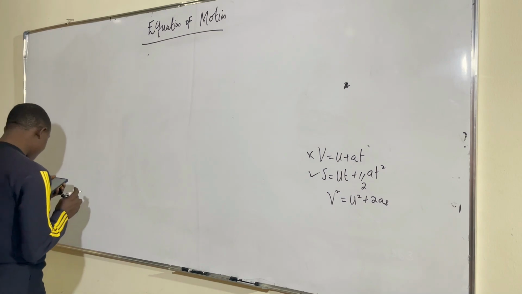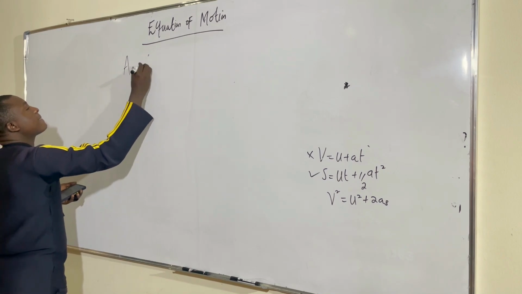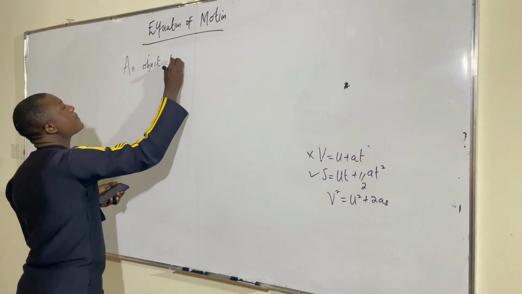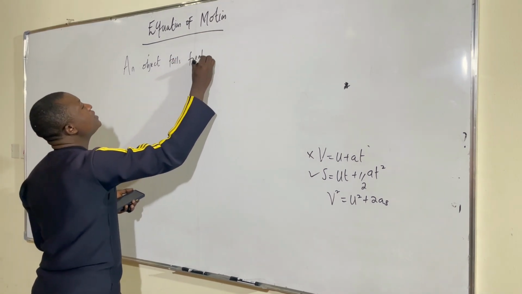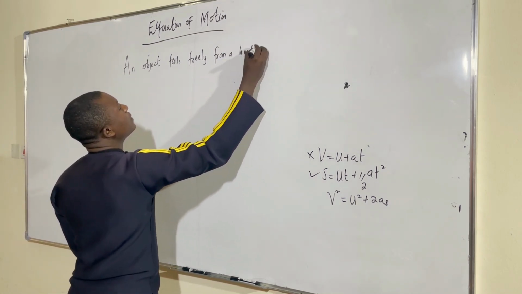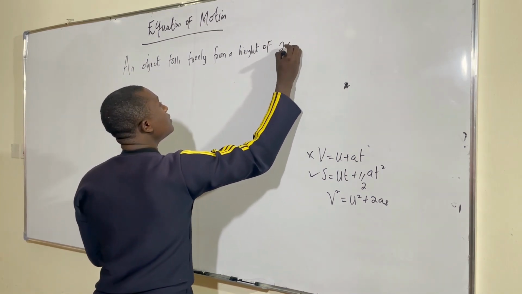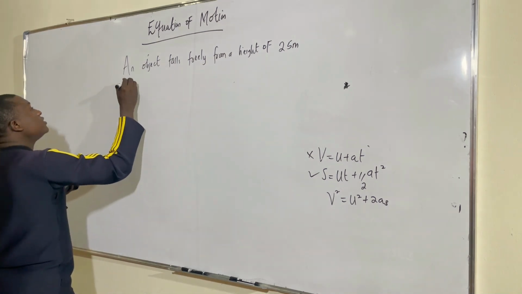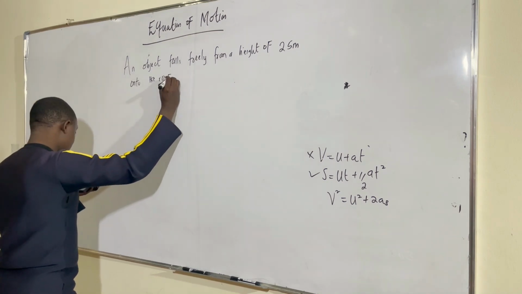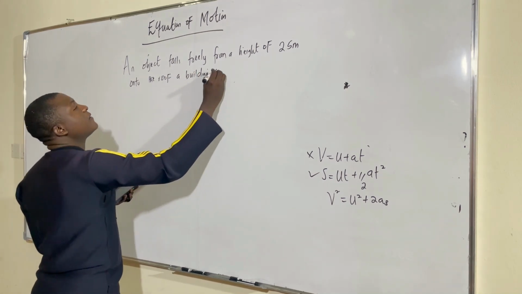Now, let's take a look at this. They said an object falls freely from a height of 25 meters onto the roof of a building 5 meters high.